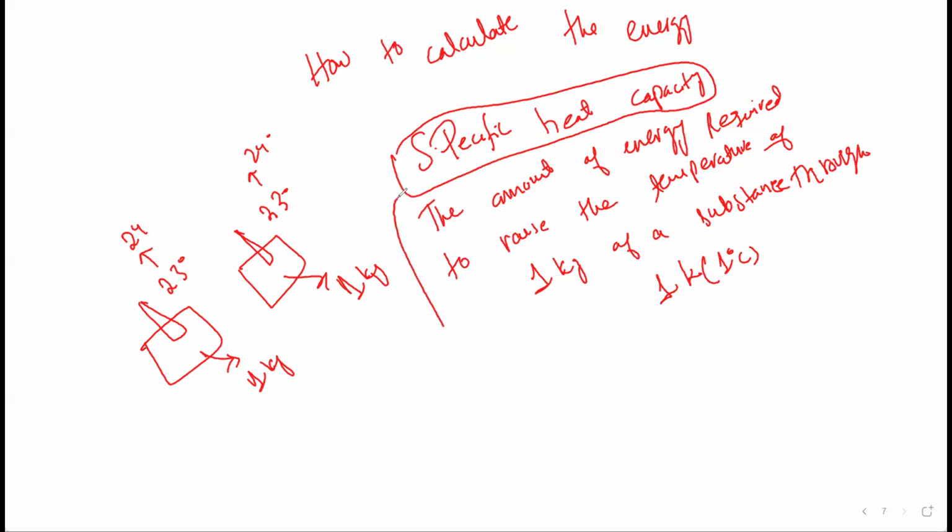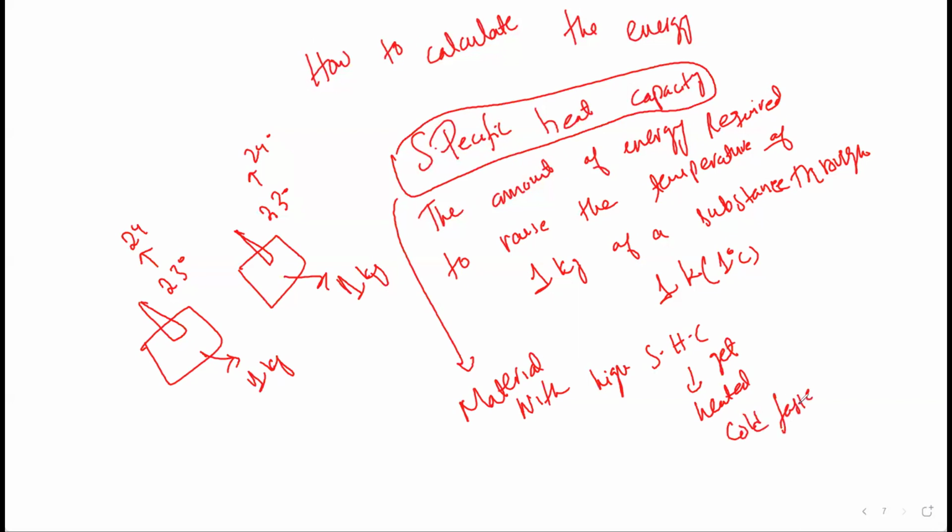Here another thing we need to keep in our mind is that materials with high specific heat capacity get heated and cooled slower as compared to the substances with low specific heat capacity.